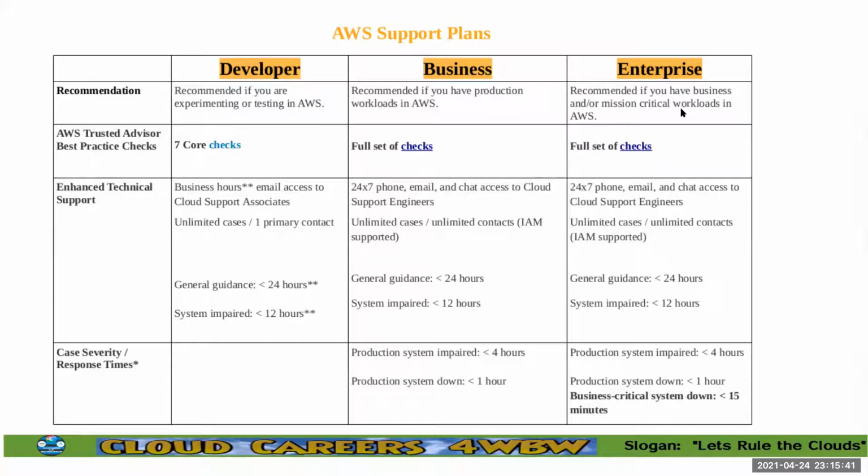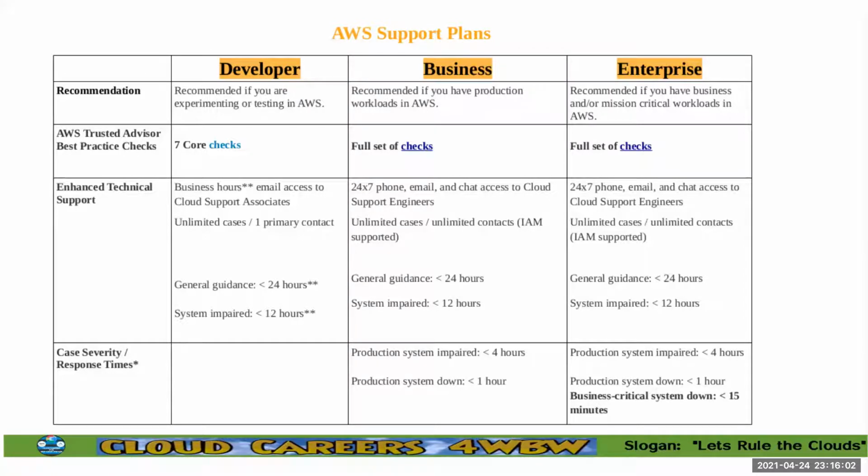Enterprise is when you have mission critical workloads. So maybe the things I'm running are very critical. Let's say maybe I'm running a cryptocurrency website on AWS, and it's a very, very critical workload.